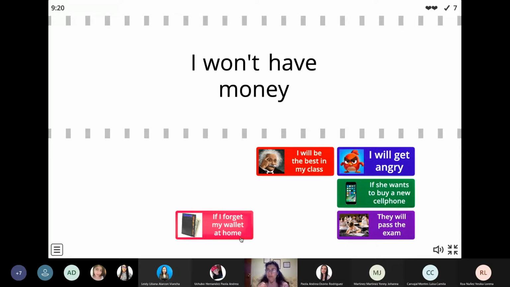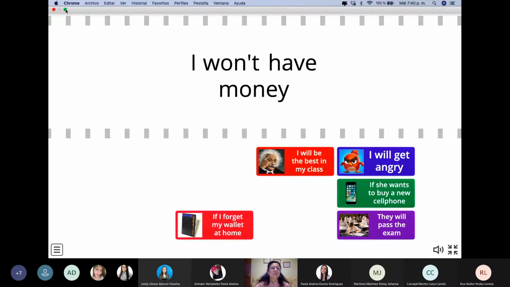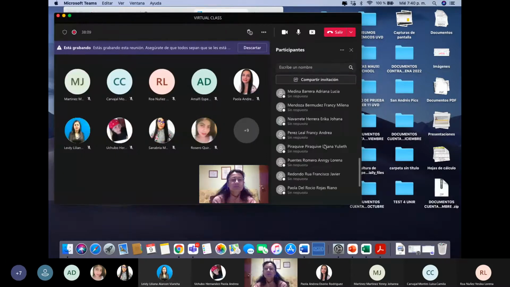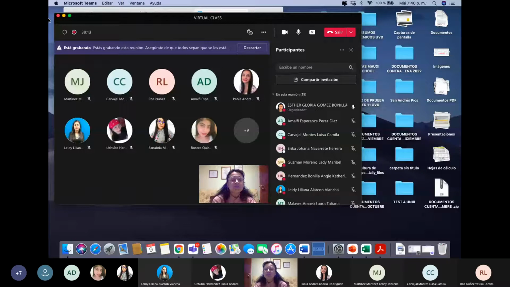Remember the pronunciation because we are practicing pronunciation here, and remember that you are planning and preparing your oral presentation. You say, if I forget, the pronunciation is forget. My wallet, here you have the picture of a wallet. Ahí ven la figura de wallet. At home. If I forget my wallet at home. Can you please repeat? Who wants to repeat the conditional with the appropriate pronunciation? Okay, go ahead.